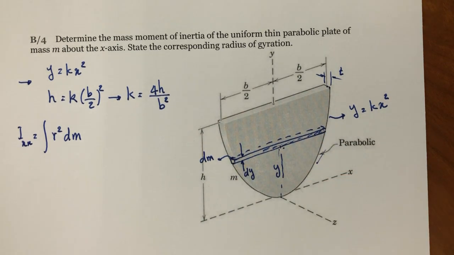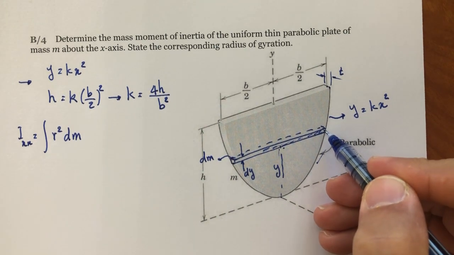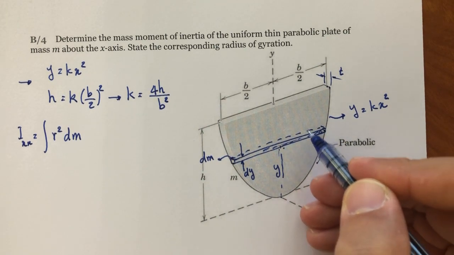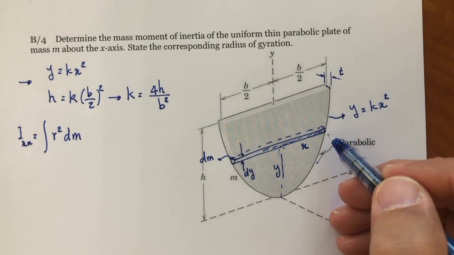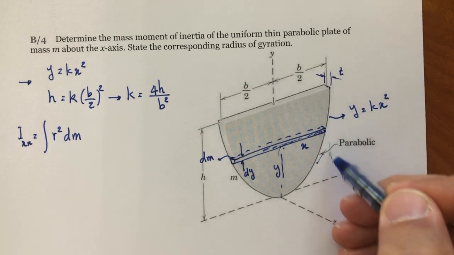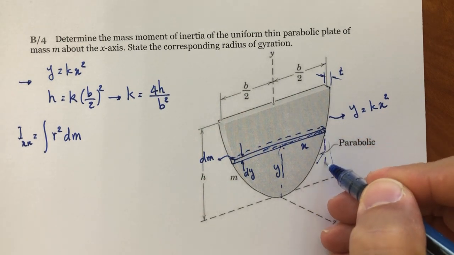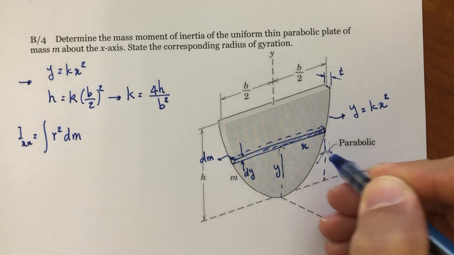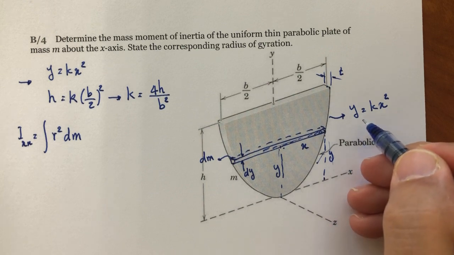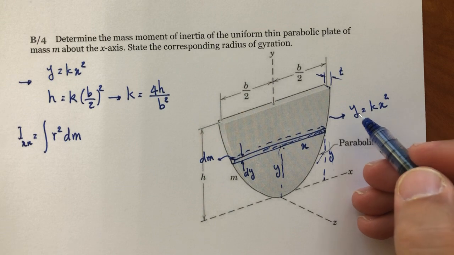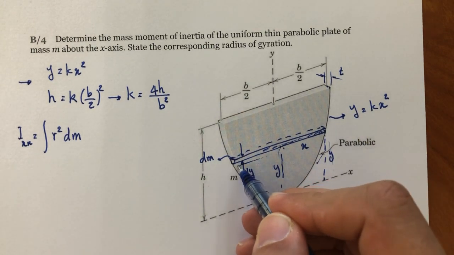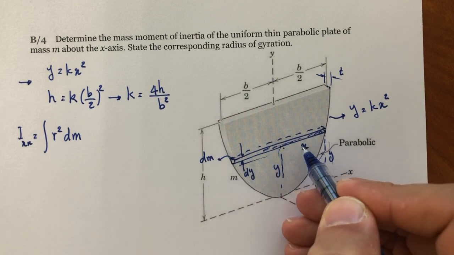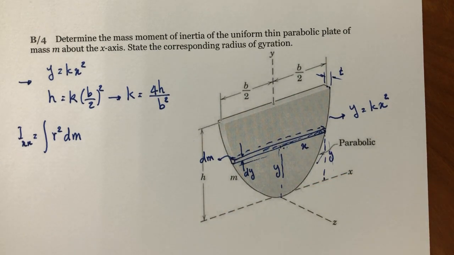So from here to here, if I call it x, then from here to here is y, right? So y is going to be equal to k times x squared. So x is going to be the square root of y over k, right? And the length of this element is going to be x plus x, 2x.